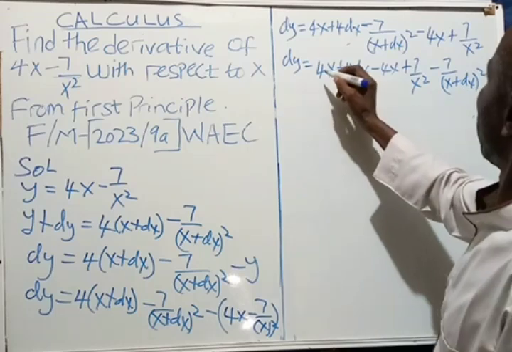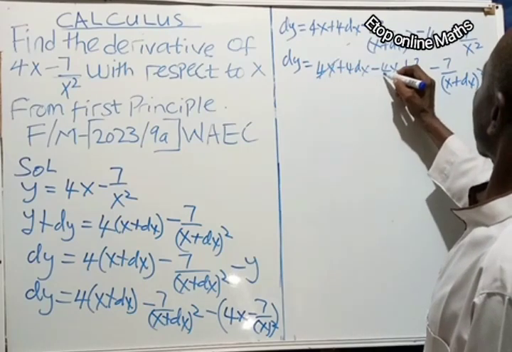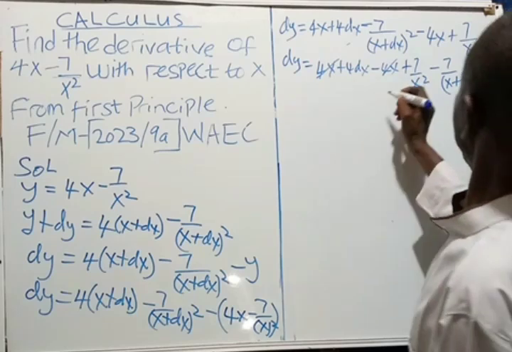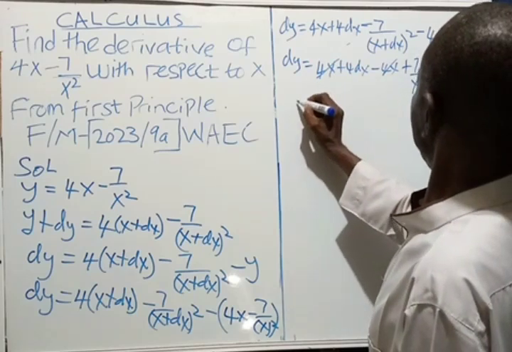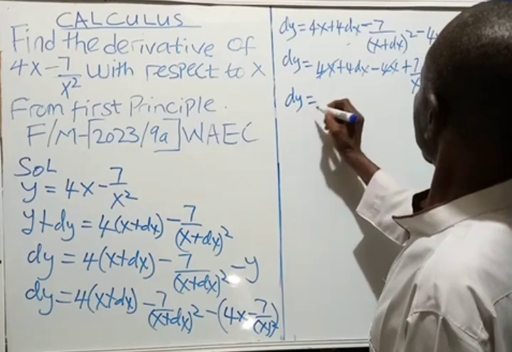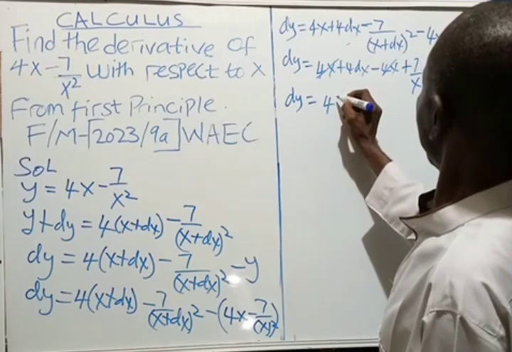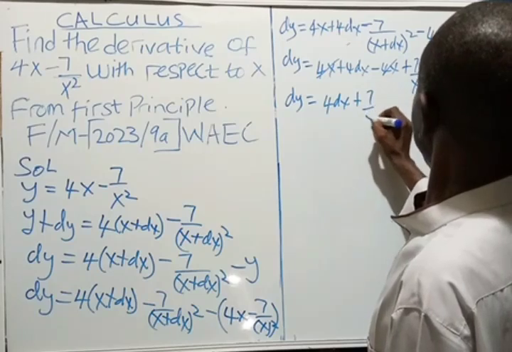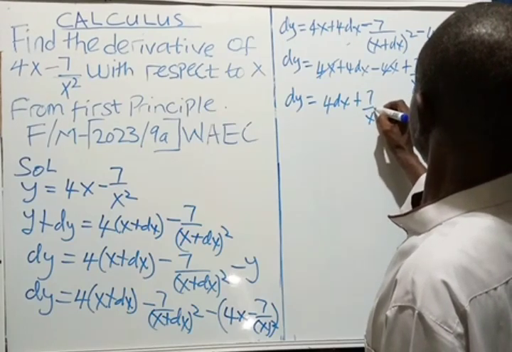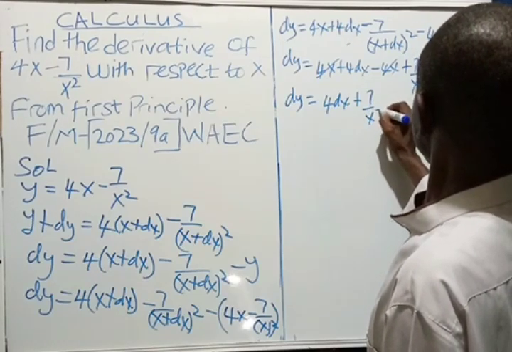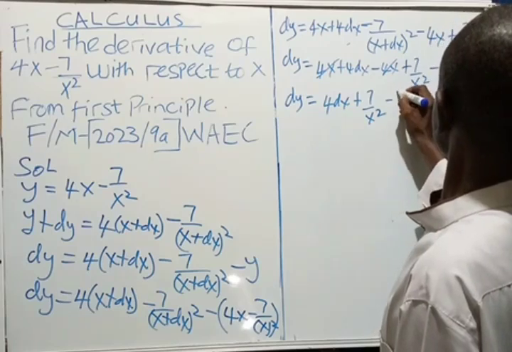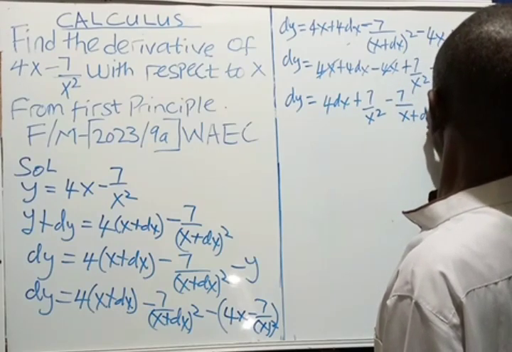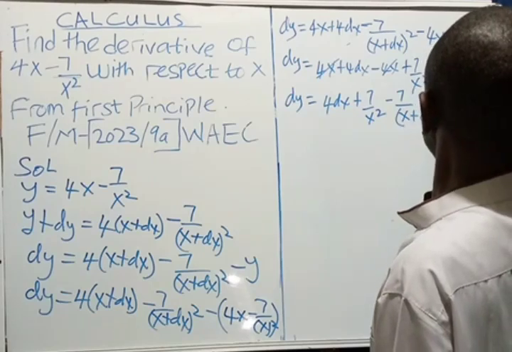From here, 4x will subtract 4x, that will go. I'm now left with dy equals 4 dx plus 7 over x squared minus 7 over x plus dx raised to power 2.